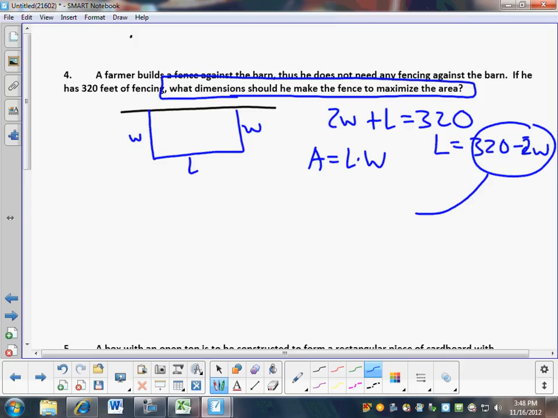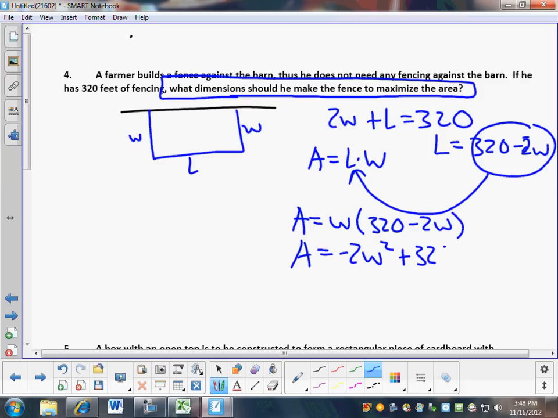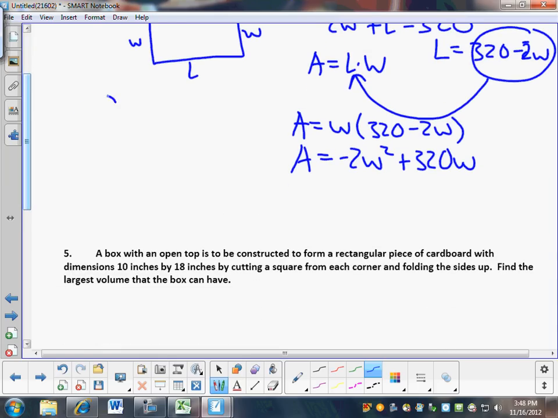Take that 320 minus 2W, plug it in for L. So the area is equal to W times 320 minus 2W, where the area equals negative 2W squared plus 320W. Again, if you were to graph that, the shape is a parabola that goes down. We're looking for the vertex. That's where the maximum happens.